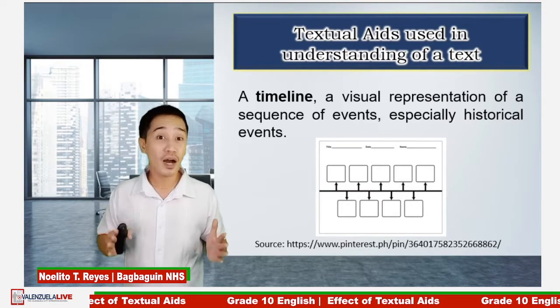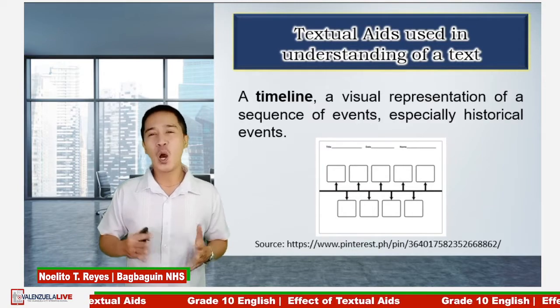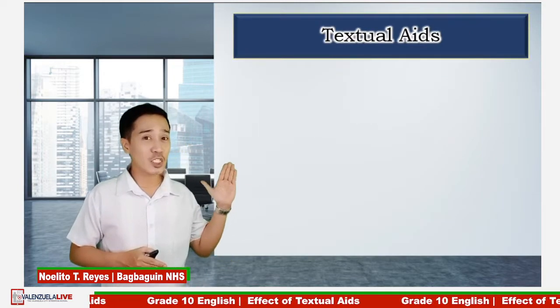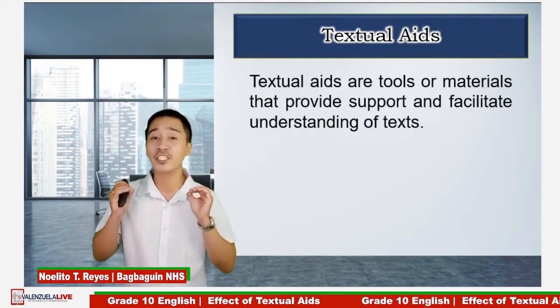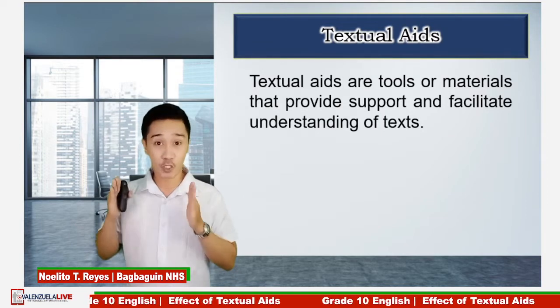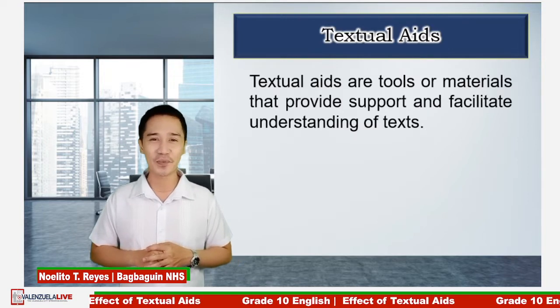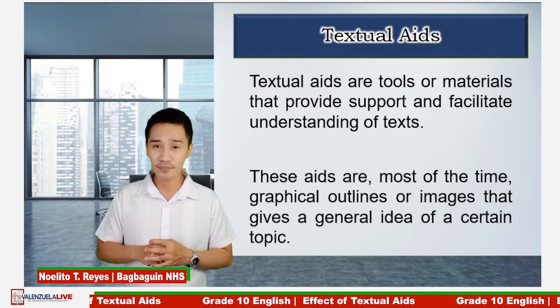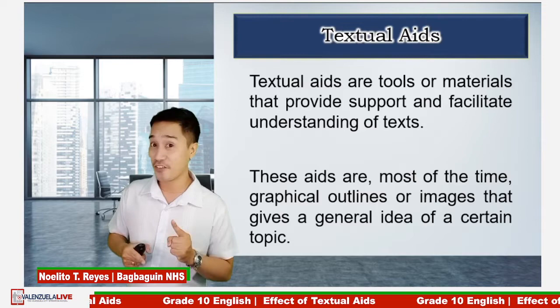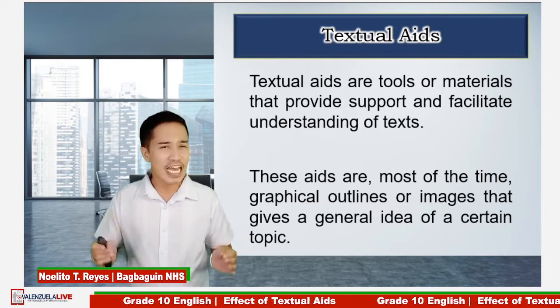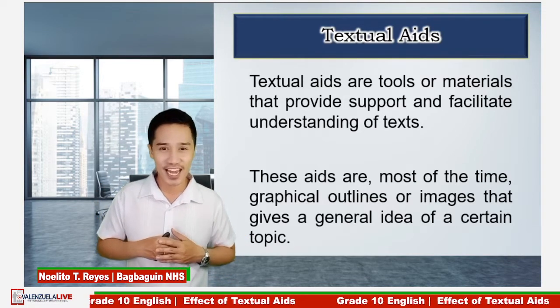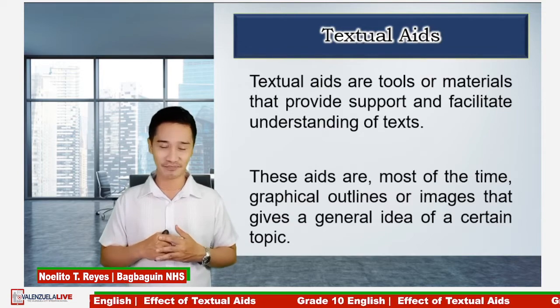To sum up what we have learned today, we can say that textual aids are tools or materials that provide support and facilitate understanding of text. These aids are, most of the time, graphical outlines or images that gives a general idea of a certain topic.